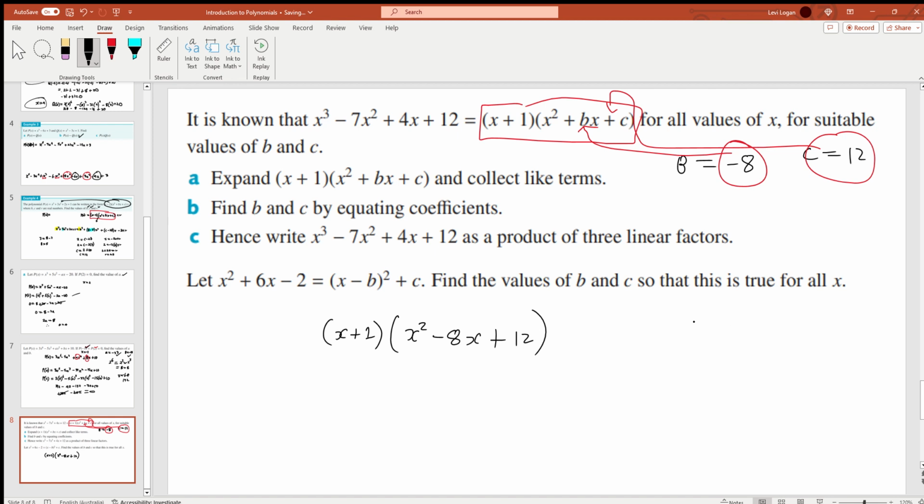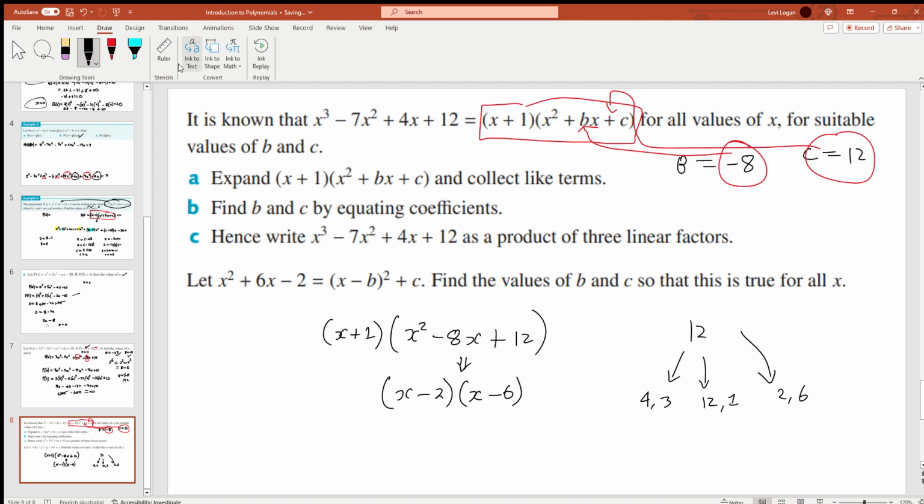So think of the factors of 12: 4 and 3, 12 and 1, and 2 and 6. If I multiply 2 and 6 together, I get 12. If I add them together, I get 8, but we want minus 8. So if I have minus 2 times minus 6, that gives me 12 still. So if I factorize that, it will be x minus 2, and then x minus 6.